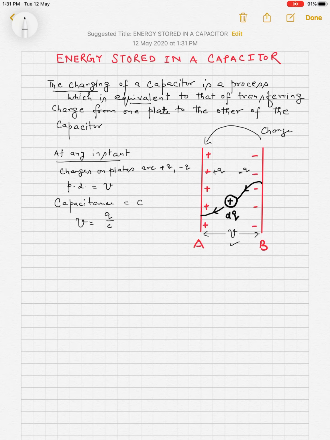The charge plus Q is transferred from plate B to plate A. So plate A becomes negatively charged and plate B is positively charged.